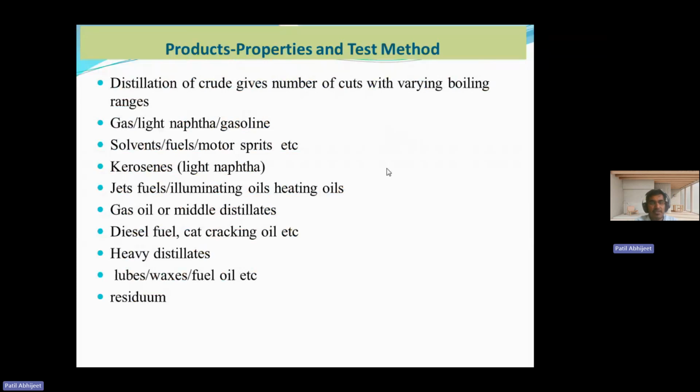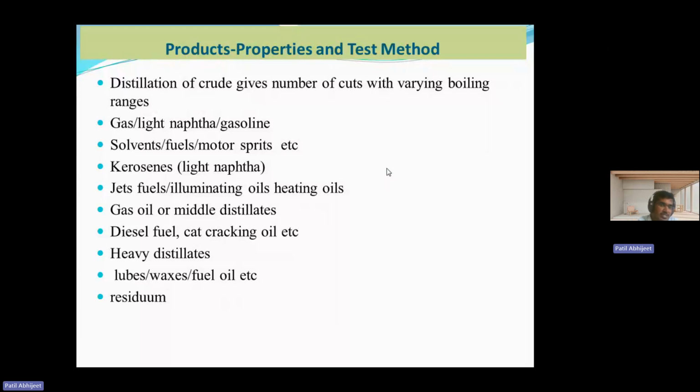Some of them may be jet fuels, and some may be illuminating oils or heating oils. For jet fuels and illuminating oils, the most important property to specify is either the flash point or the fire point. Testing of that product may be done with the help of the flash point or the fire point.